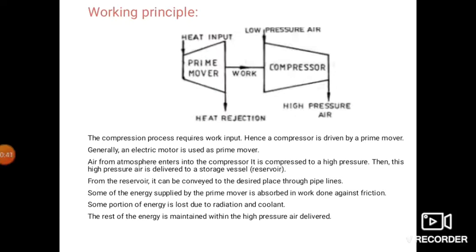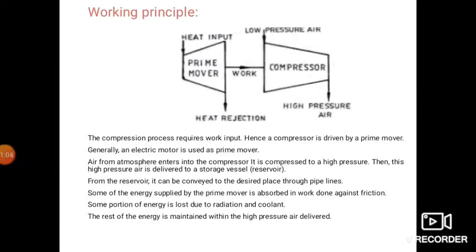Let's see the working principle of an air compressor. Basically, the compressor is an energy consuming device which requires a work input. As shown in the figure, a prime mover is the work input which is connected to the compressor. Generally, an electric motor is used as the prime mover.